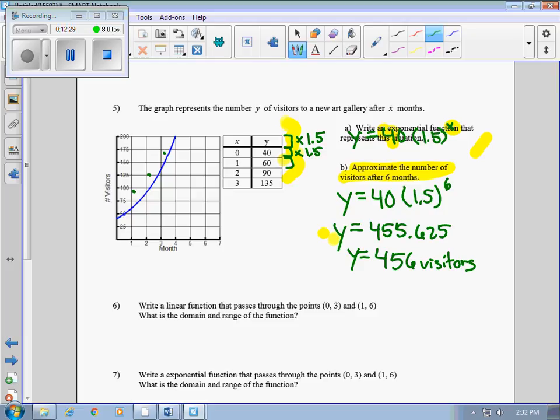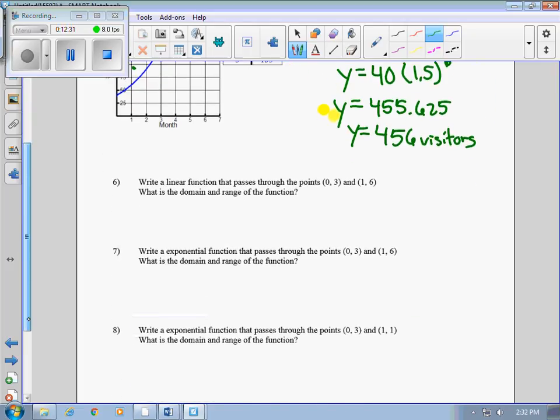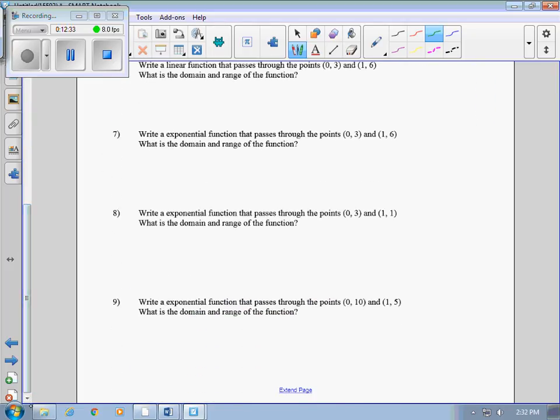Okay, let's go on to 7. Write an exponential function that passes through the points (0, 3) and (1, 6). What is the domain and range of the function?